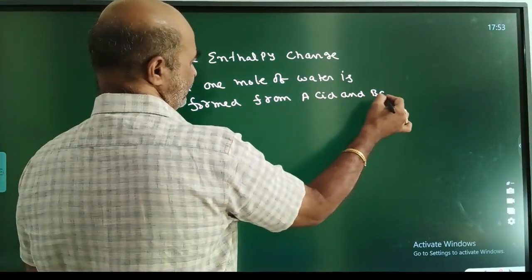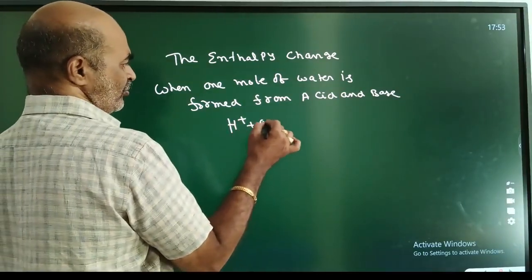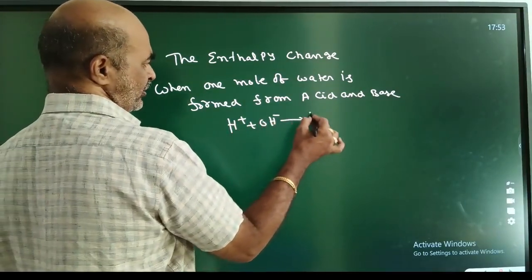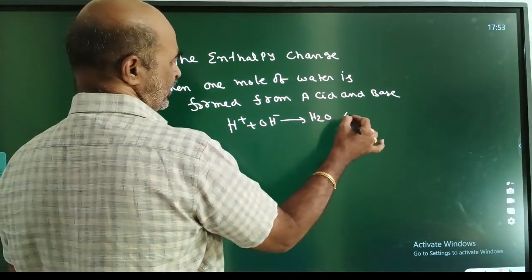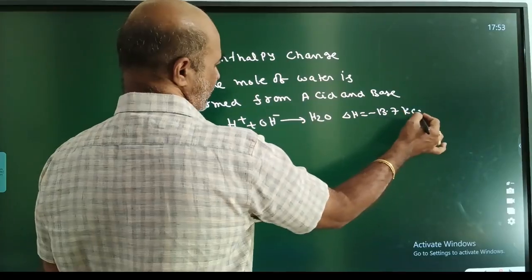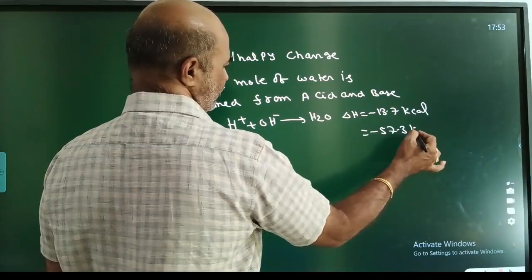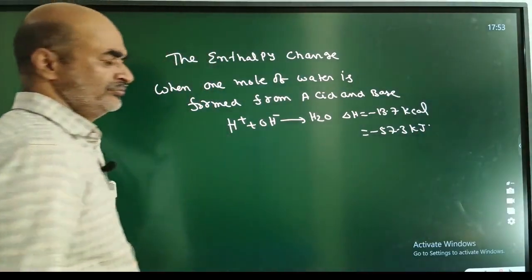H plus plus OH minus gives rise to H2O, delta H is equal to minus 13.7 kilocalories or minus 57.3 kilojoules.